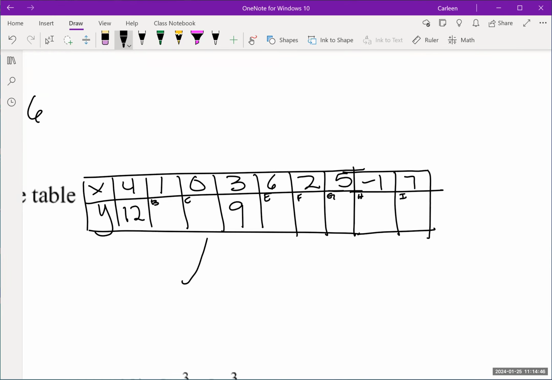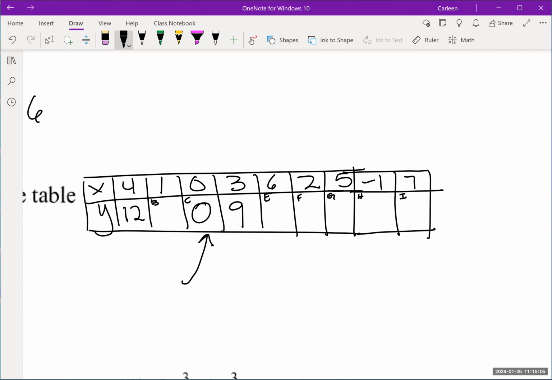So can anyone tell me what C is going to be? Careful. Ding, ding, ding. 0.